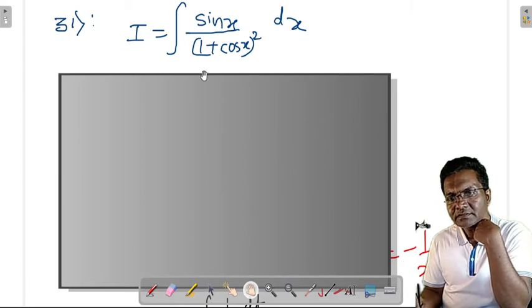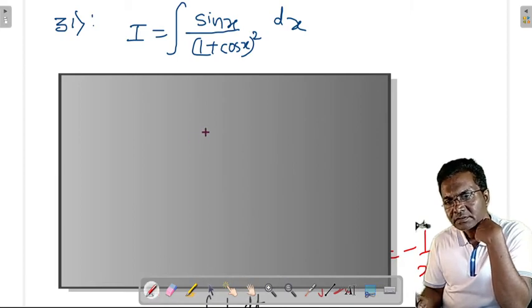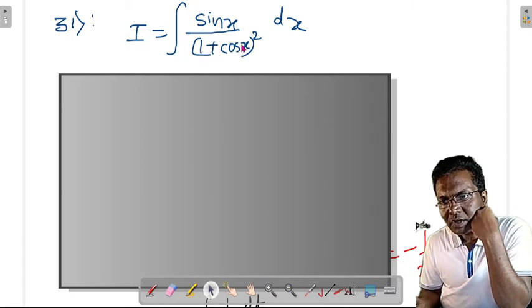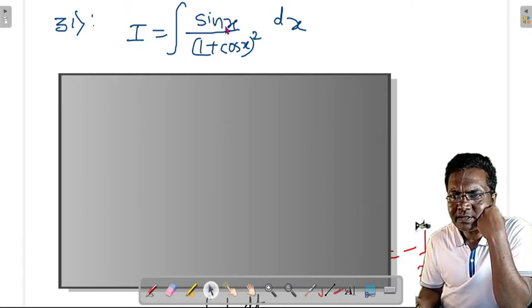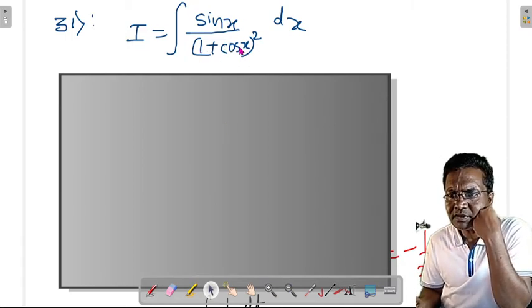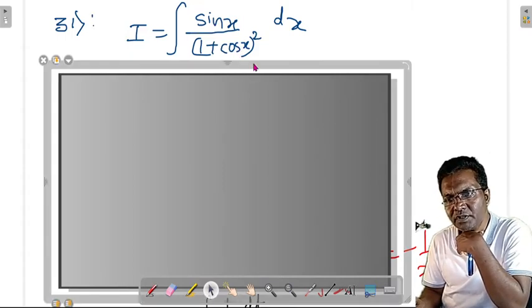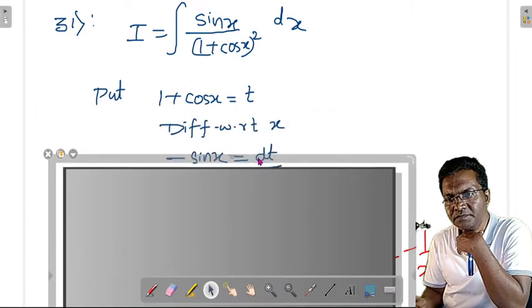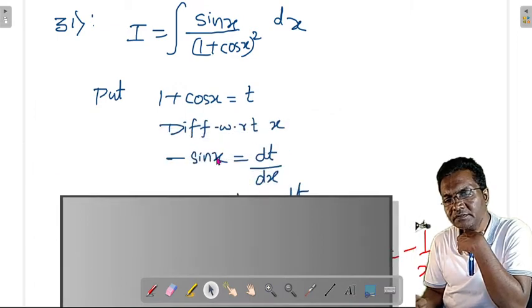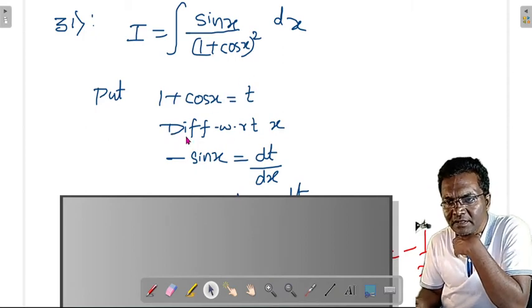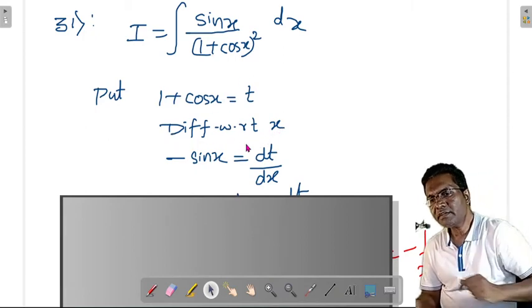Similar kind. Look at this. Here 1 plus cos x whole square and numerator sin x. Clearly the derivative of 1 plus cos x is sin x. So substitute without wasting time. Okay. So put 1 plus cos x equals t as earlier. Differentiate with respect to x.